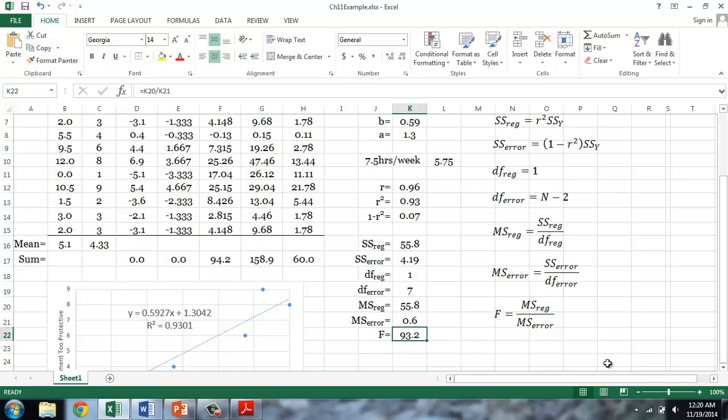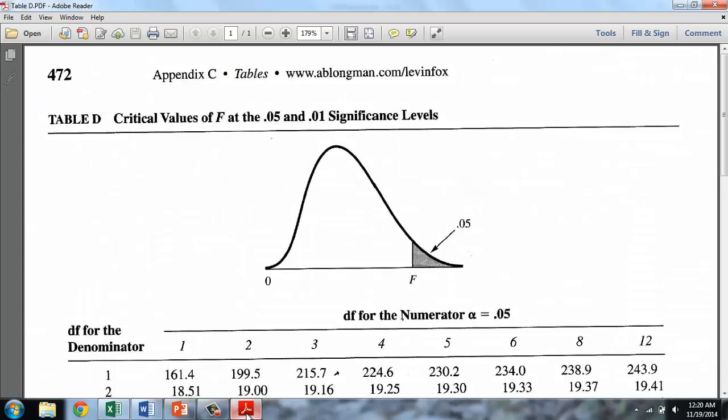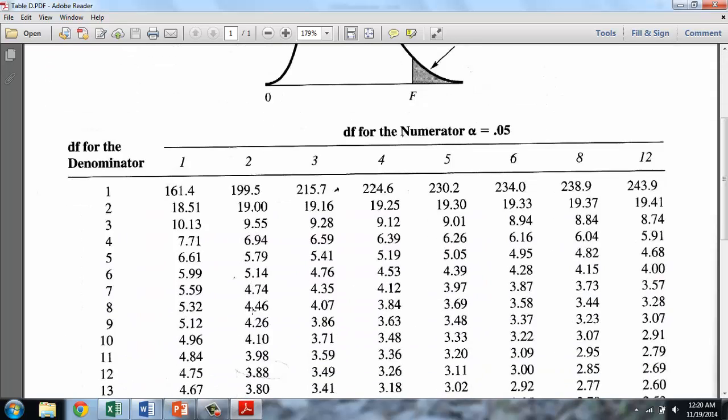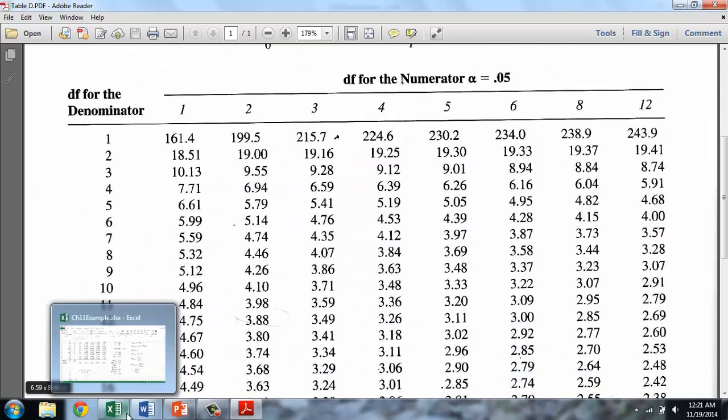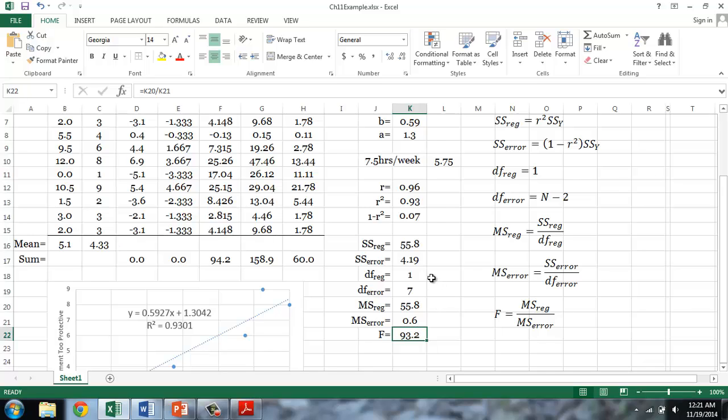We can determine whether this F statistic is statistically significant by using Table D of the textbook, which is the critical values of F. In this case, the degrees of freedom for our numerator is equal to 1, and for our denominator is equal to 7.